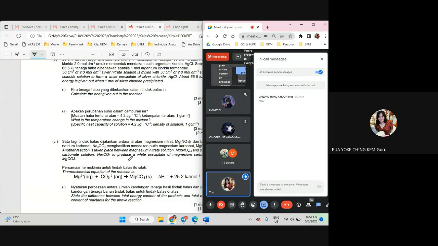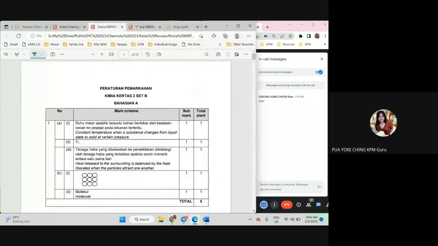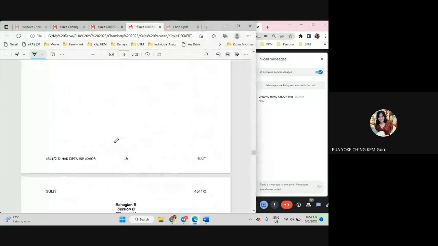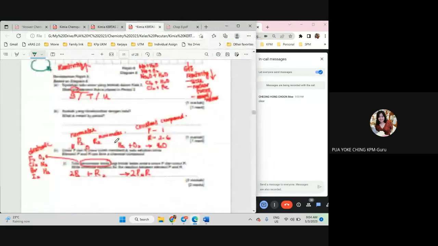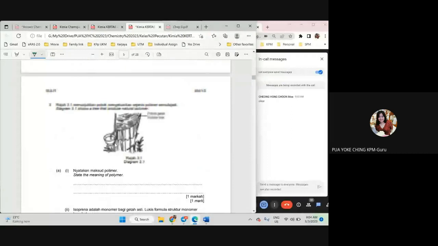Okay. So today we'll continue with the revisions. So we look at the set of MPSM set 2 first.